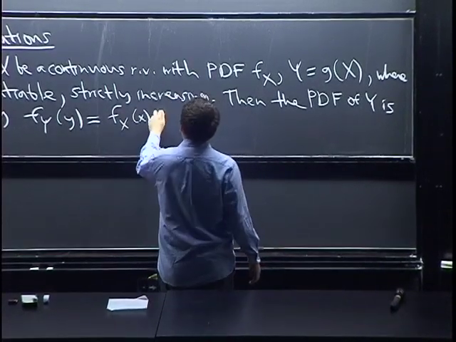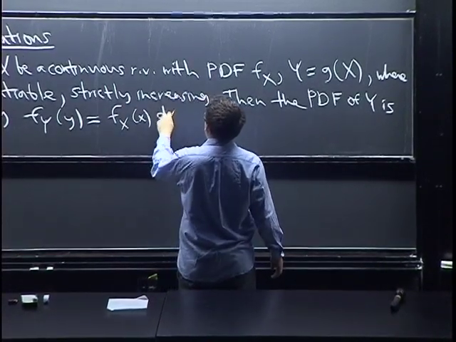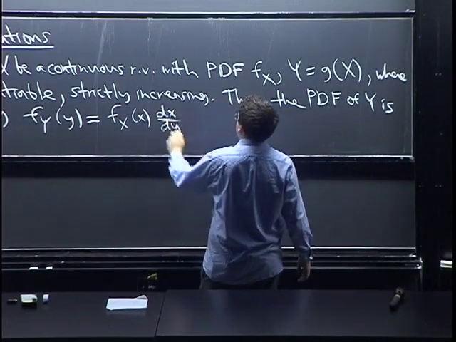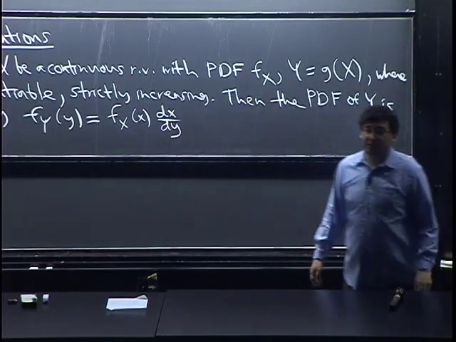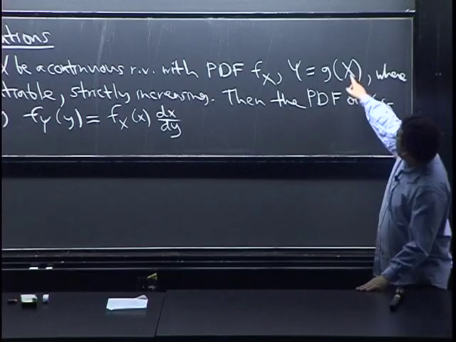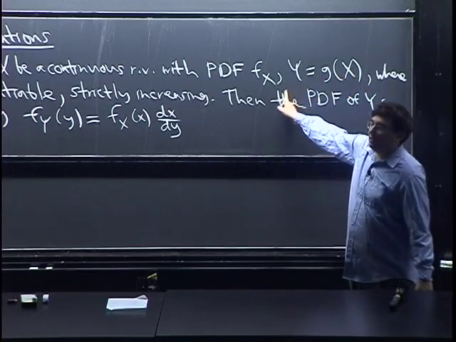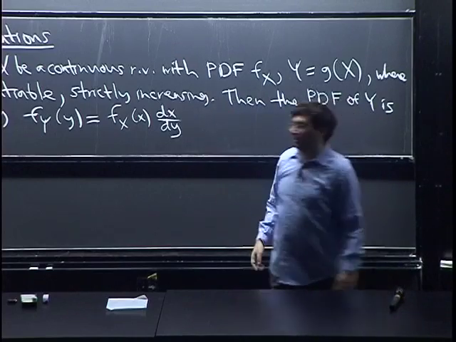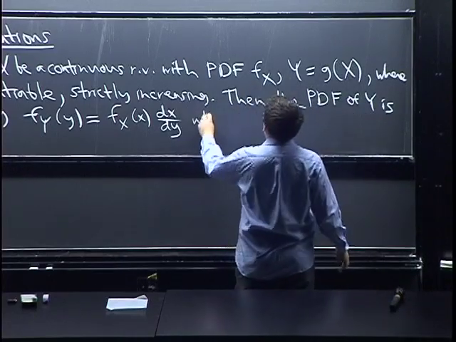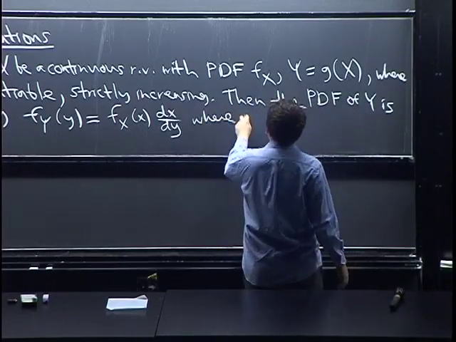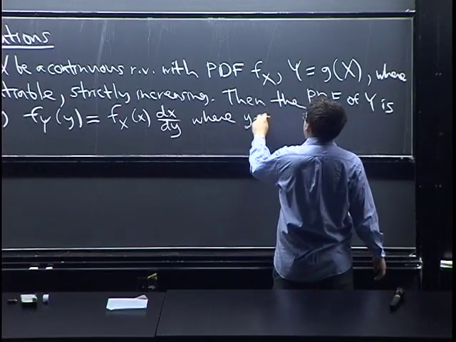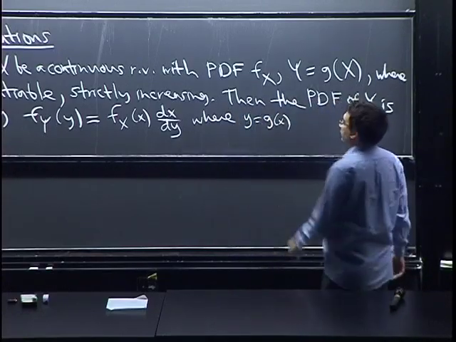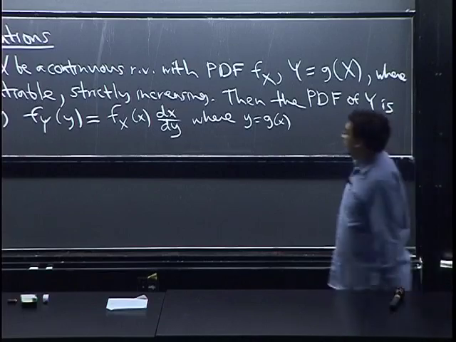and then we multiply by dx/dy, and I just have to explain the notation a little bit. Here we transformed capital X to capital Y. So a natural thing to do is to mirror that notation with the lowercase letters. So we're defining it to be true that little y equals g of little x. So we're doing the same transformation.